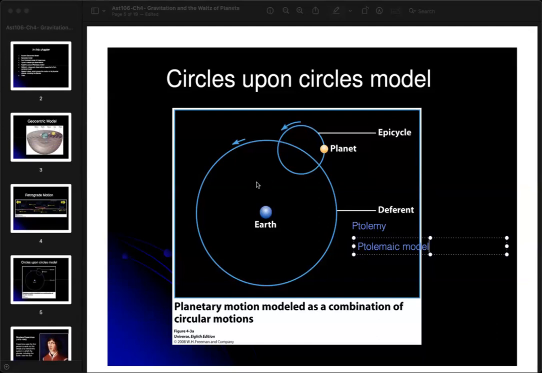However, they tried to make these epicycle models, and they added more and more circles to match the observation. So this is called the circles upon circles model, or epicycle model. And I want you to remember these terms, the deferent and the epicycle.